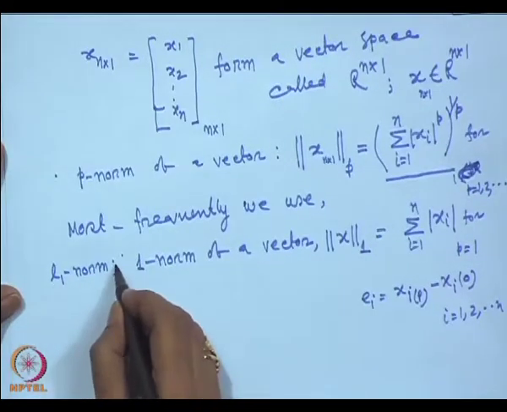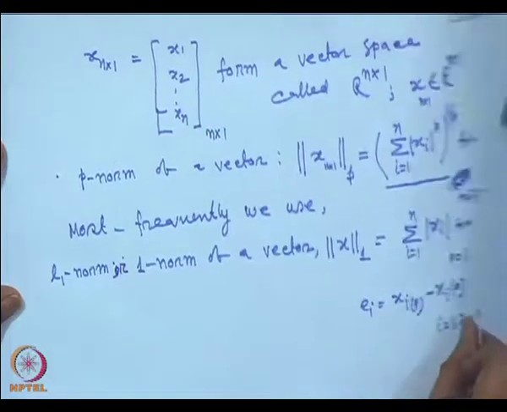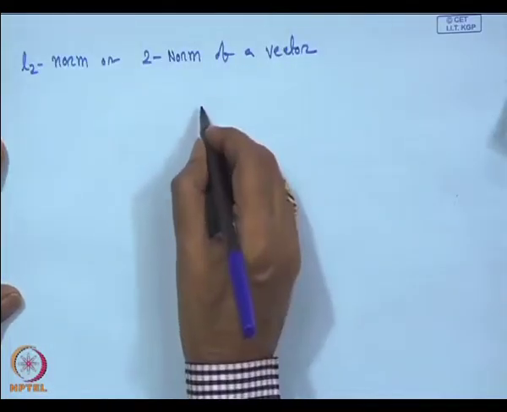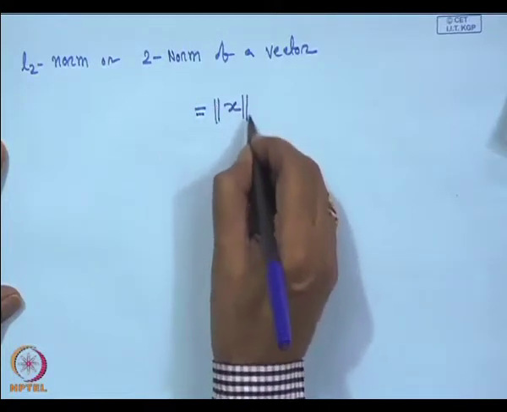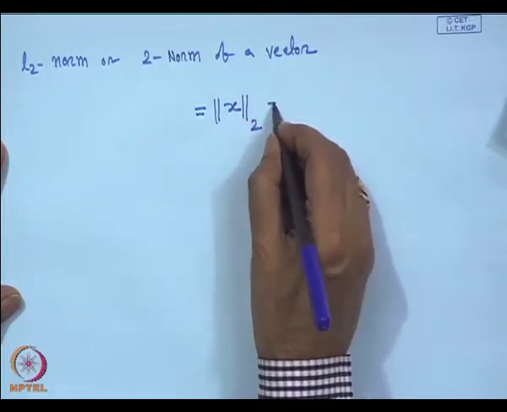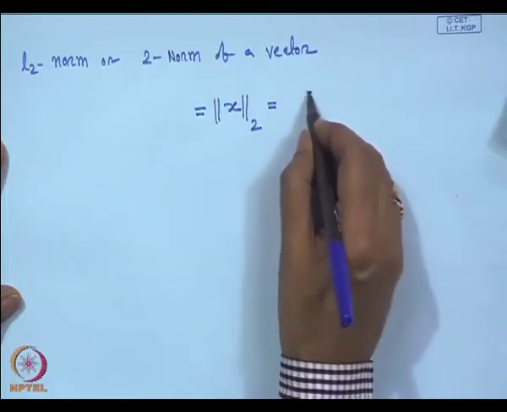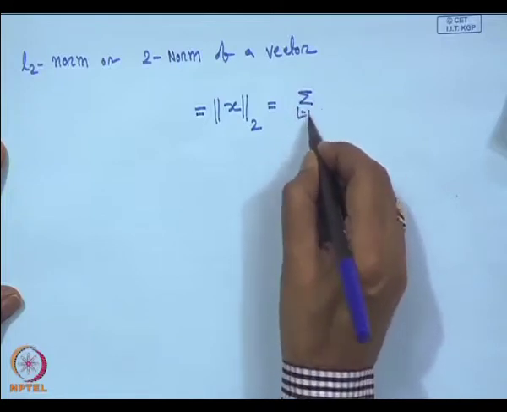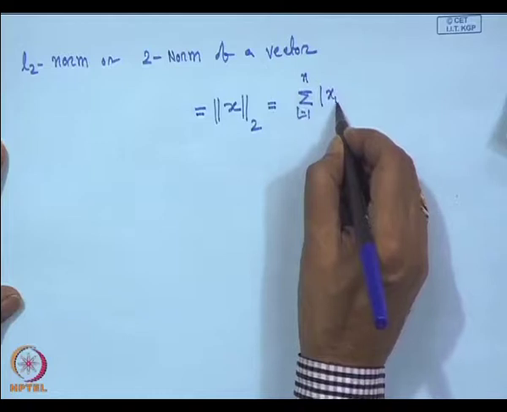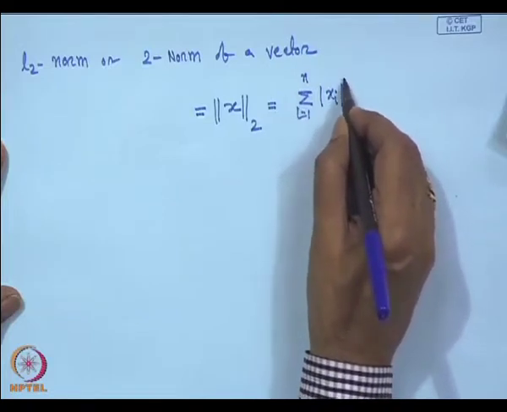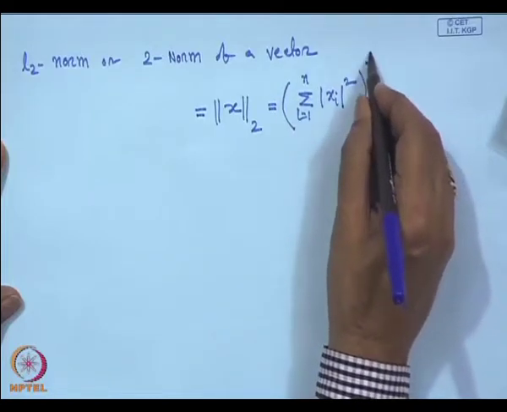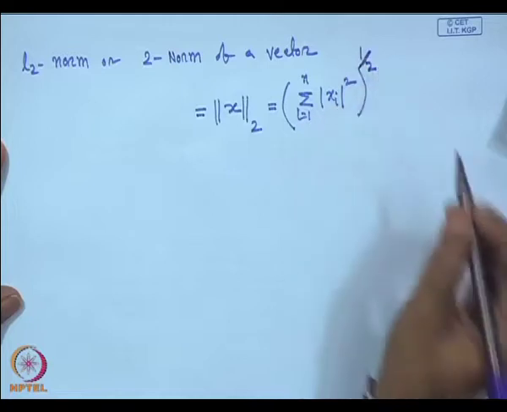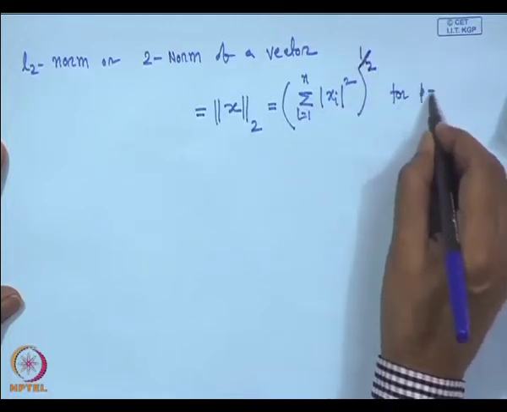So, the 2 norm of a vector is denoted by x with suffix 2, and it is nothing but the summation of i equal to 1 to n of mod of x i squared, whole to the square root, that is power 1 by 2. Here p is equal to 2.